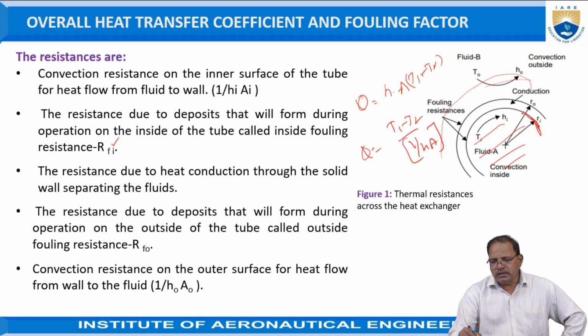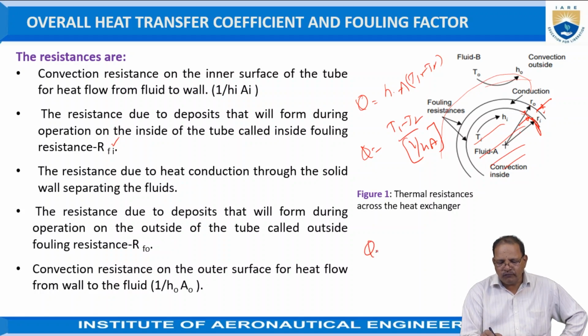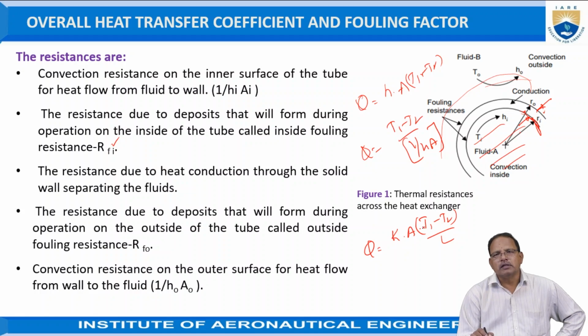After that, the tube has a certain wall thickness. The heat energy flows from the inner surface to the outer surface by the conduction process. The heat energy which flows by conduction is given by Q equal to k into A into T1 minus T2 divided by L. That means the amount of energy flowing from one point to another is proportional to the thermal conductivity, surface area and the temperature difference T1 minus T2, and inversely proportional to the thickness.